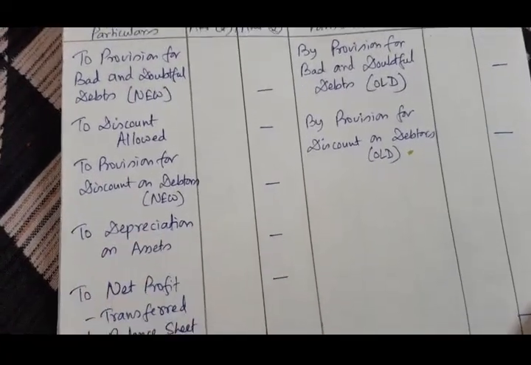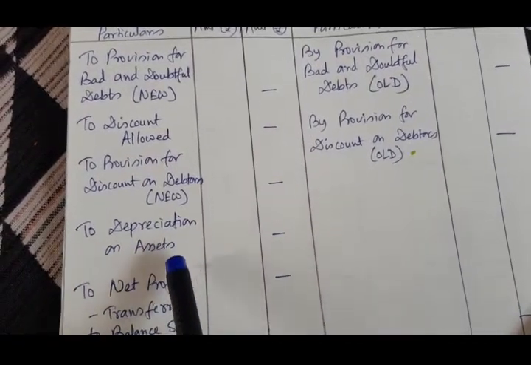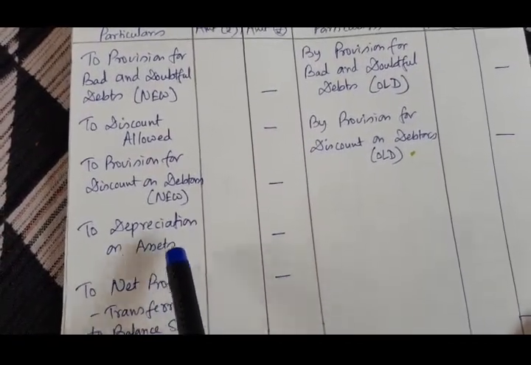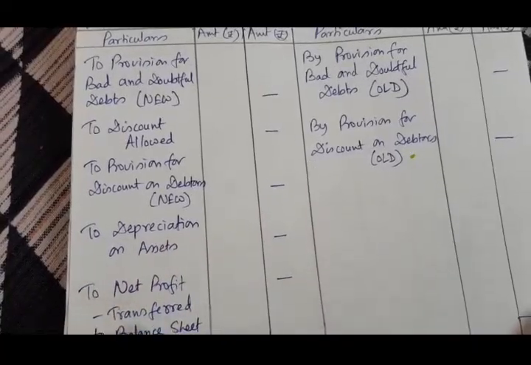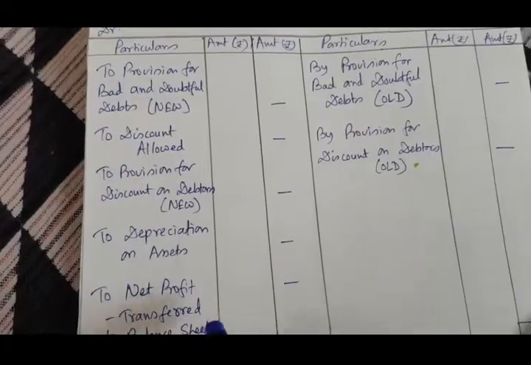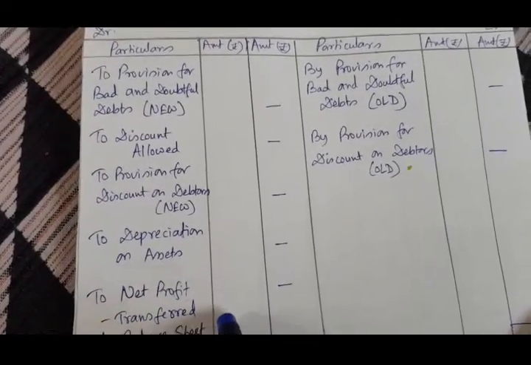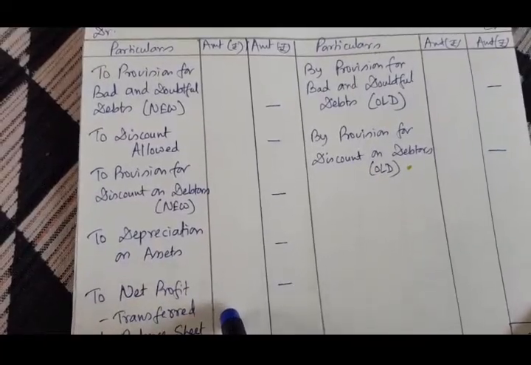Keep in mind, this depreciation we generally charge on fixed assets, like land, building, plant, machinery, furniture, fixture. But one thing you have to keep in mind, land is not a depreciable asset, because generally the value of land increases.